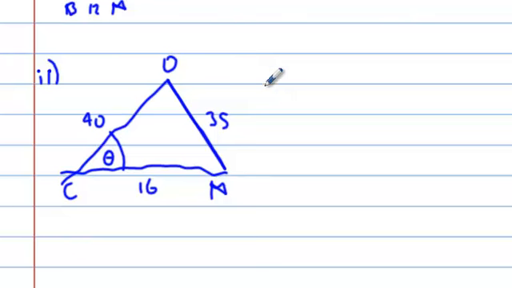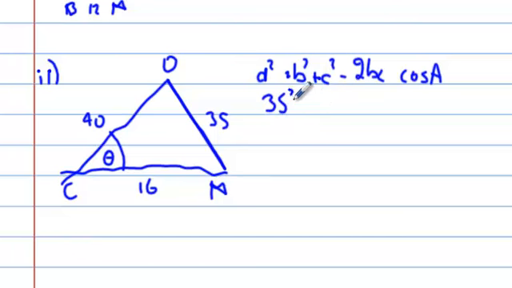So if I use the cosine rule, a squared equals b squared plus c squared minus 2bc cos a, and I've labelled a as theta in this diagram. By doing all the rearranging and substituting in, I'd get a is 35 squared minus b squared, which I'm going to put in as 40 squared, minus c squared, that's 16. Then divide through by the minus 2 times b times c.